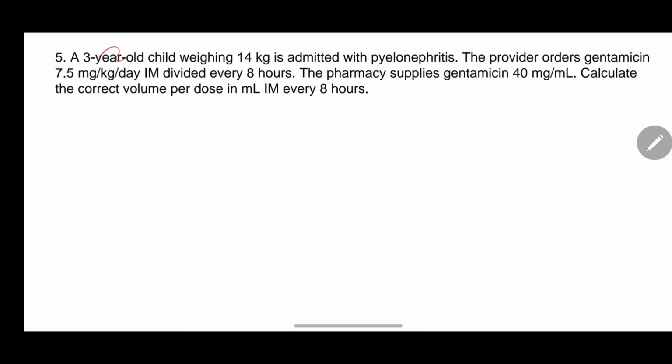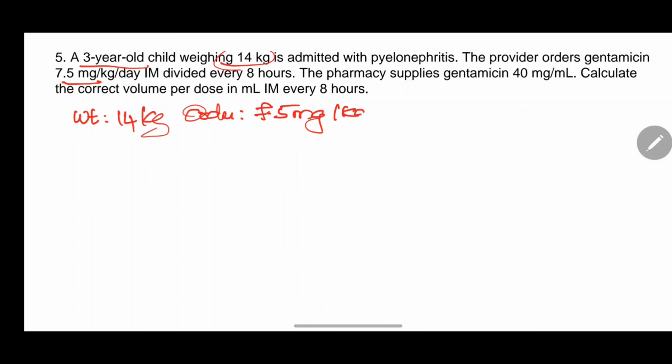Next, a 3-year-old child weighing 14 kg is admitted with pyelonephritis. The provider orders Gentamicin 7.5 mg per kg per day IM divided every 8 hours. Note it, the order dose is 7.5. In the exam also, try to write it like this, separately, to avoid confusion. So they have given the order for 1 day, but we have to calculate it for 1 dose.